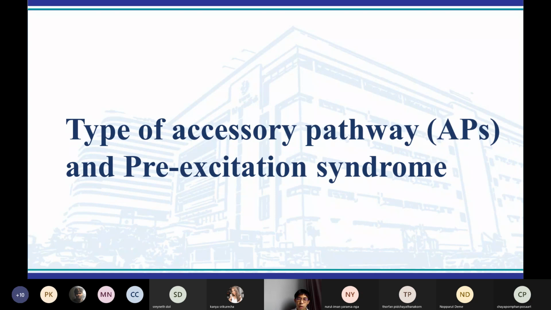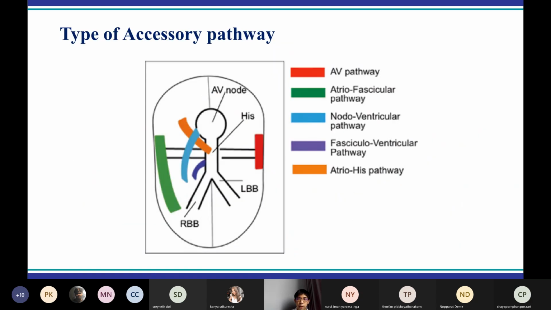So, what are the types of accessory pathways and pre-excitation syndrome? There are many types of accessory pathway. We name the pathway after the origin of the pathway and where the pathway leads to.